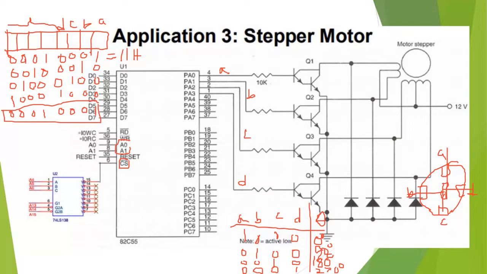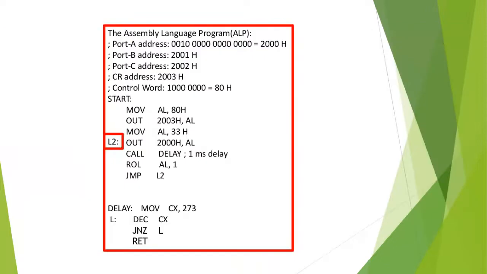Port A is connected to the stepper motor. Let's have a look at what kind of program it is. For example, the port A address is this one, port B address is this one, C and D. And what about the control word? Control word is this 8-bit control word. You can see the 8-bit control word.